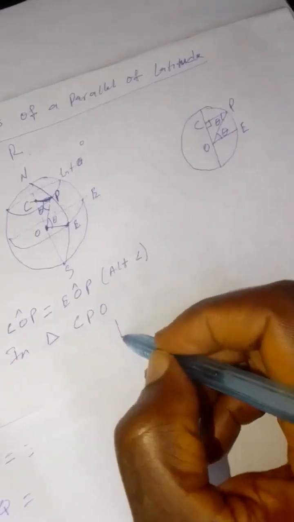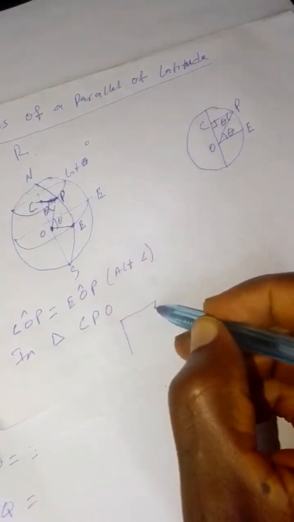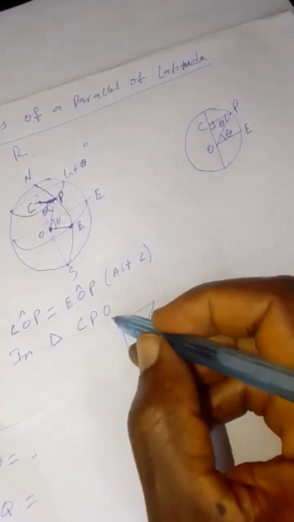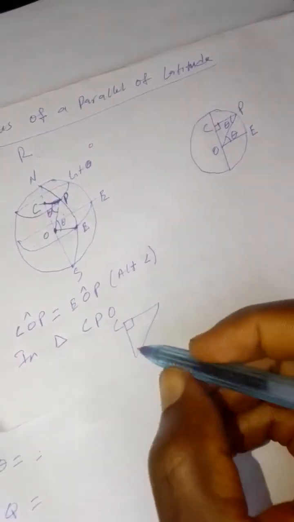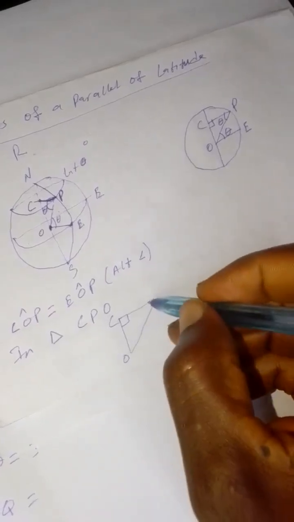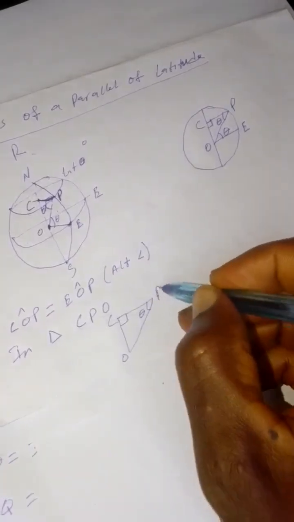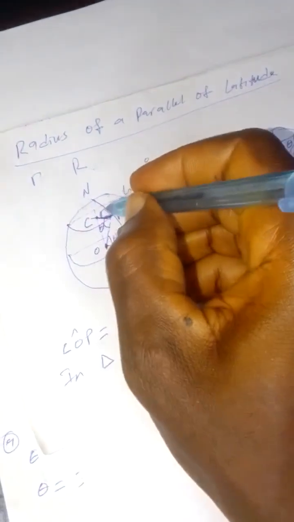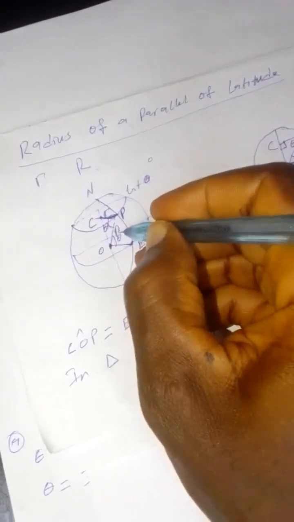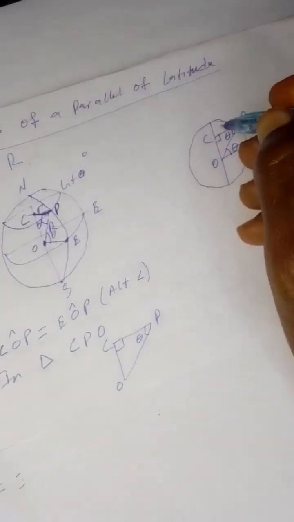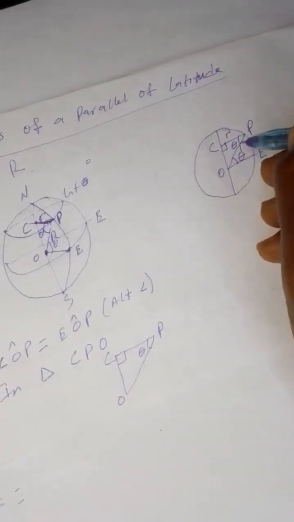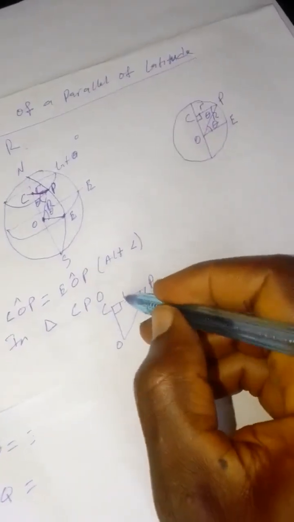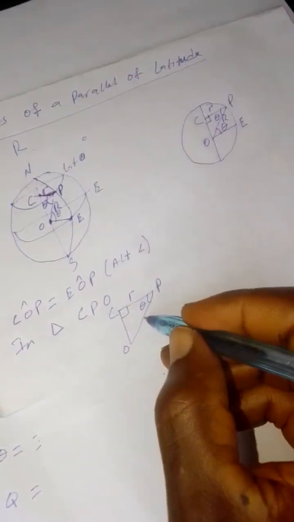So we have the triangle like this: C, 90 degrees, O, theta, P, and this is small r. This is capital R.